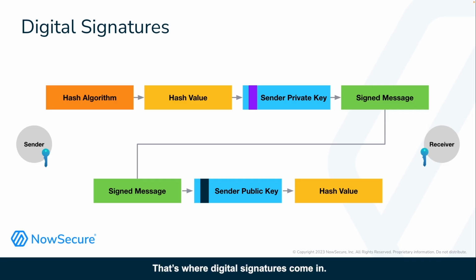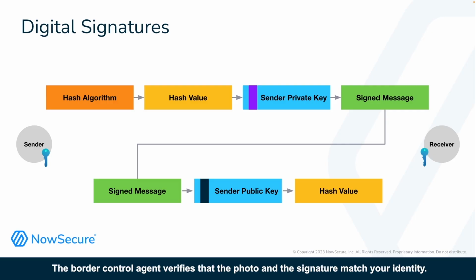That's where digital signatures come in. Continuing the analogy of passports, how can a government validate a passport and authenticate you as an individual? They would capture a photo of you or your signature on the passport. The border control agent verifies that the photo and the signature match your identity.